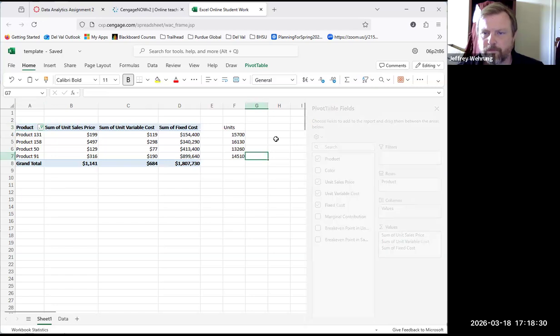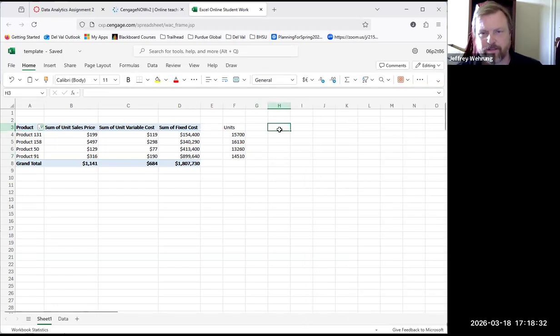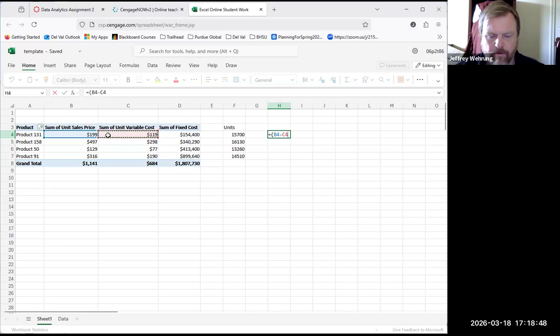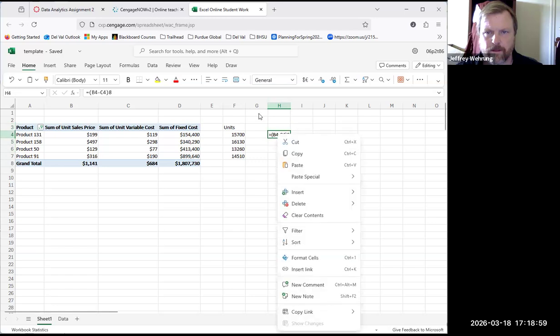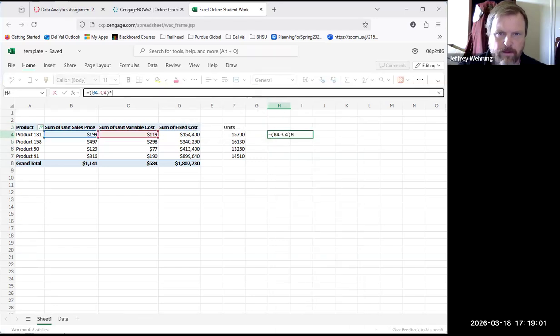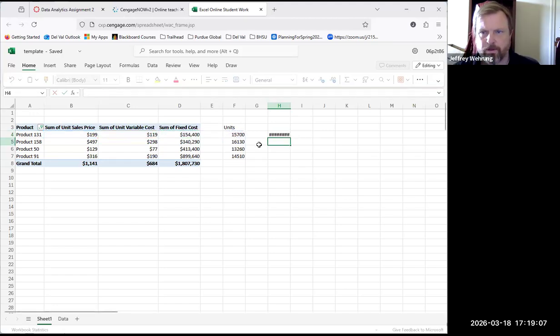The other way I could do it, I'll go back and pretend I didn't calculate the marginal contribution, which is really just the selling price minus the variable cost, right? And so instead I will say it's selling price minus variable cost, times the number of units, and then subtract the fixed costs, right?